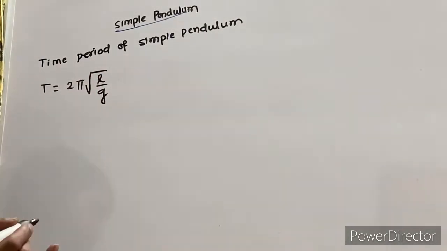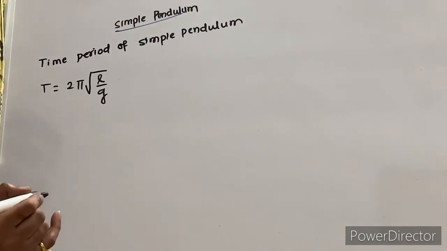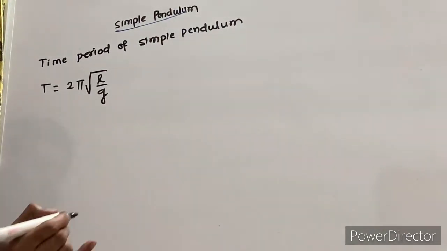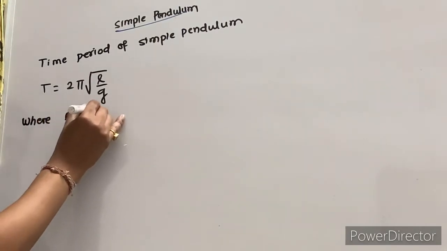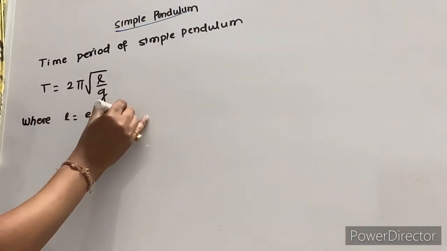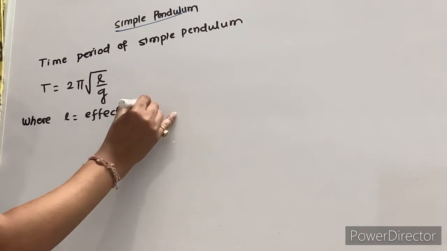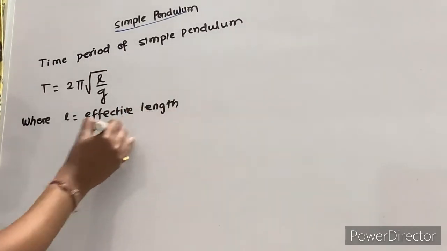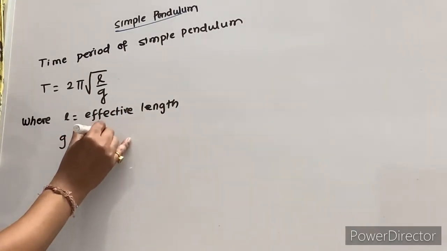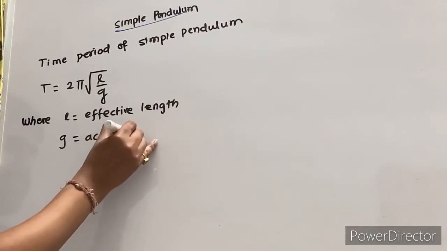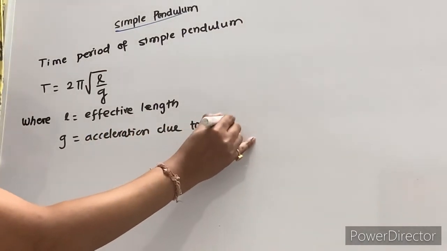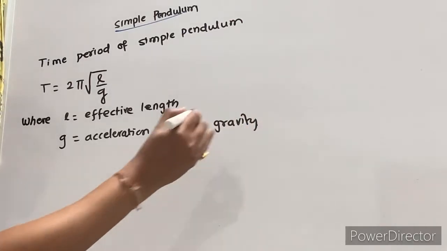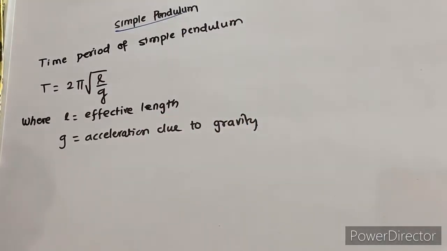This is the time period of oscillation, where L is the effective length and g is the acceleration due to gravity, right?